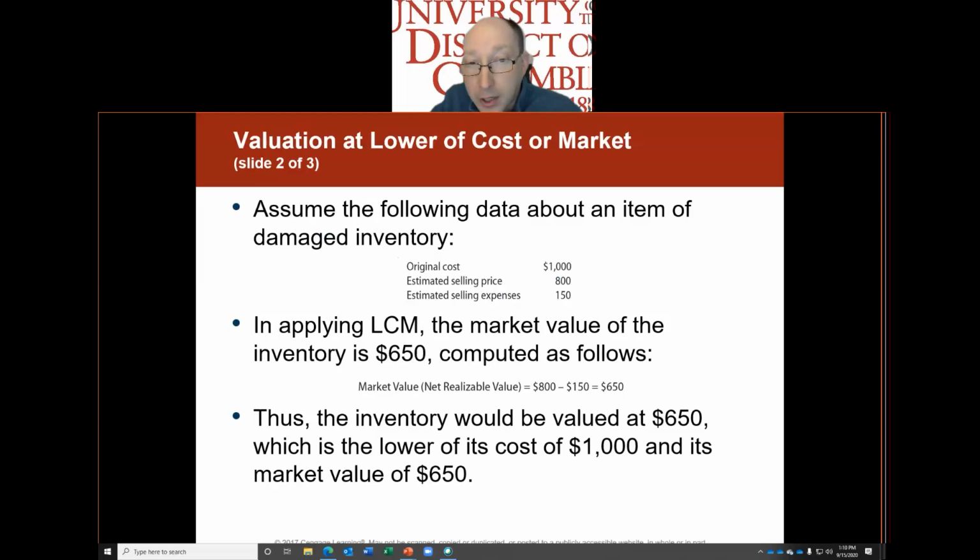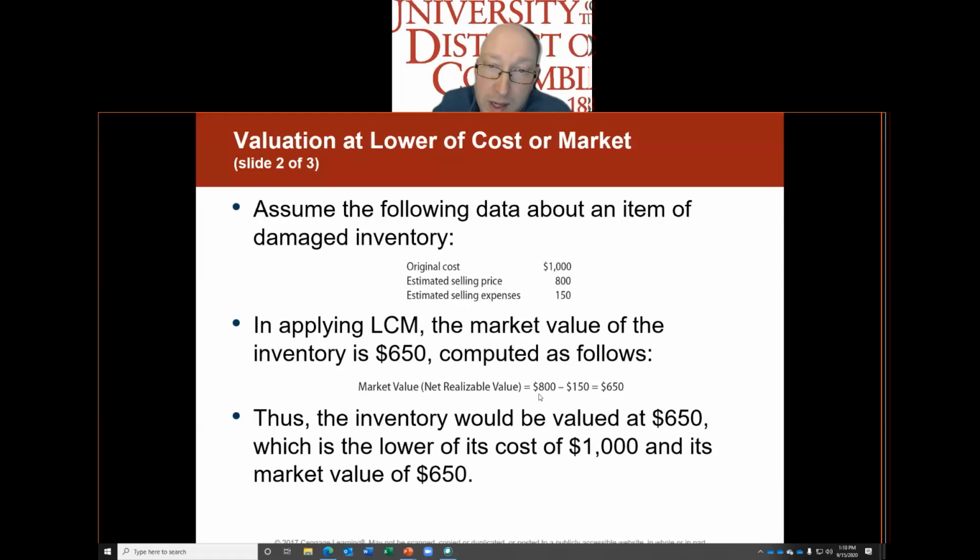Assume the following data about damaged inventory. Original cost was 1,000. Estimated selling price is 800. The estimated selling expenses are 150. If we apply the lower of cost or market, the inventory is worth 650. How did we get there?